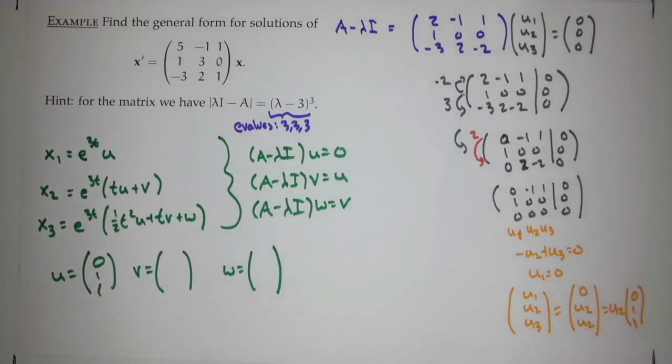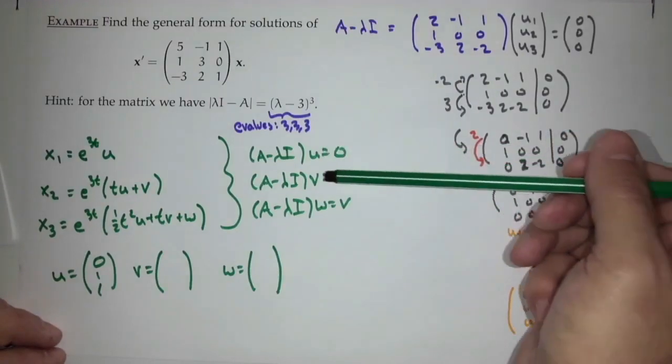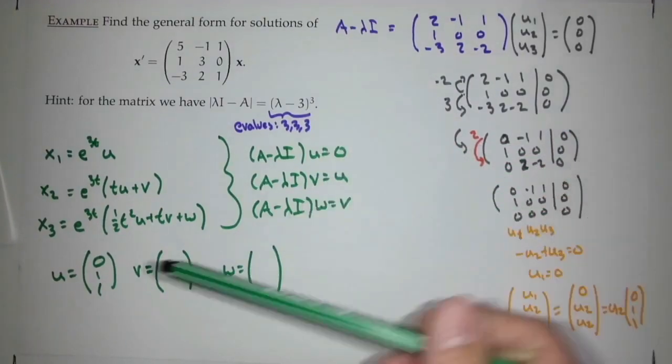Where do we go next on our solution? Yeah, we should find v. Good idea. Right. You work your way up. You find u. After you find u, you find v. After you find v, you find w.